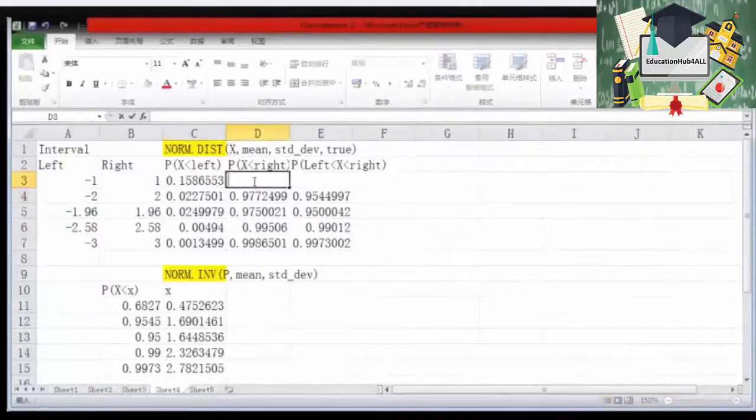And next I find the probability at point 1. It's normal distribution, and the x equals 1. Mean is 0, variance is 1. And again it is true.